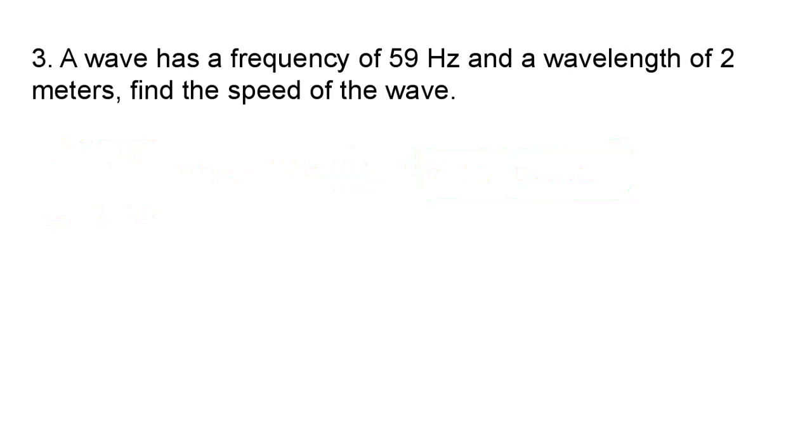Easy enough. Right, so a wave has a frequency of 59 Hertz and a wavelength of 2 meters. Find the speed of the wave. Well, the speed of the wave is given by a lovely equation we saw in the last lecture. V equals the wavelength times the frequency.